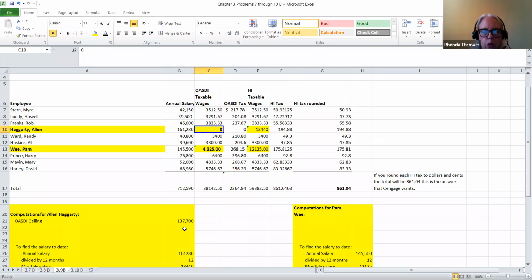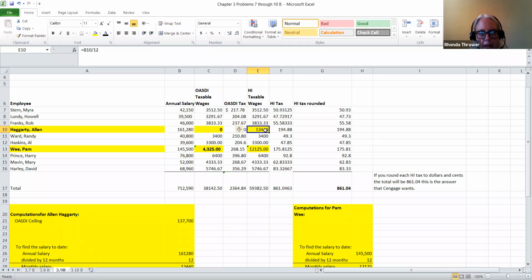In other words, this employee would pay OASDI taxes only on $137,700 of earnings. Because he earned more than that, his monthly earnings were not subject to OASDI. So his taxes withheld for OASDI are zero.